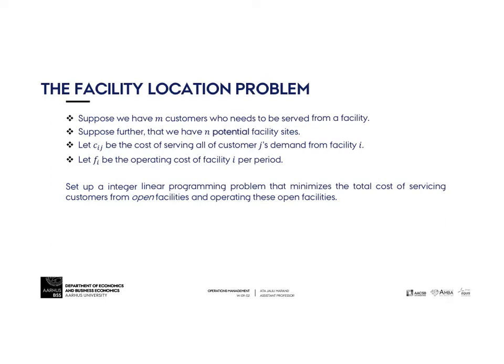Suppose we have m customers who need to be served from a facility. Suppose we have n potential facility locations or sites, and then c_ij be the cost of serving all of customer j's demand from facility i. Let f_i be the operating cost of facility i per period, so it's kind of a fixed cost.